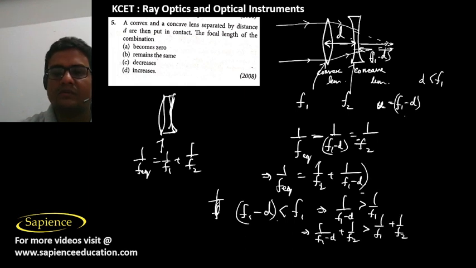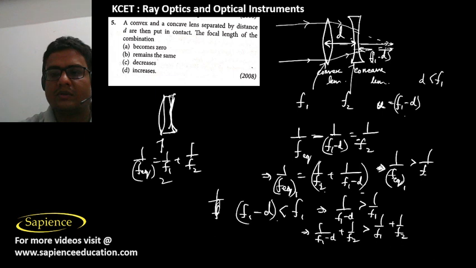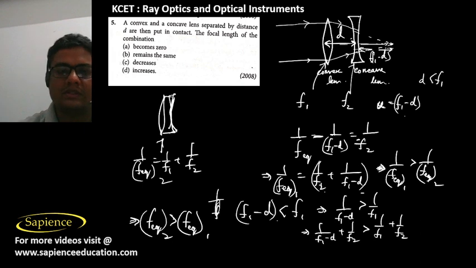For the first case, 1 by f equivalent is greater than 1 by f equivalent for the second case. So f equivalent for the second case is more than the equivalent focal length for the first case. It means that the focal length of the combination increases. Option D is the correct answer.